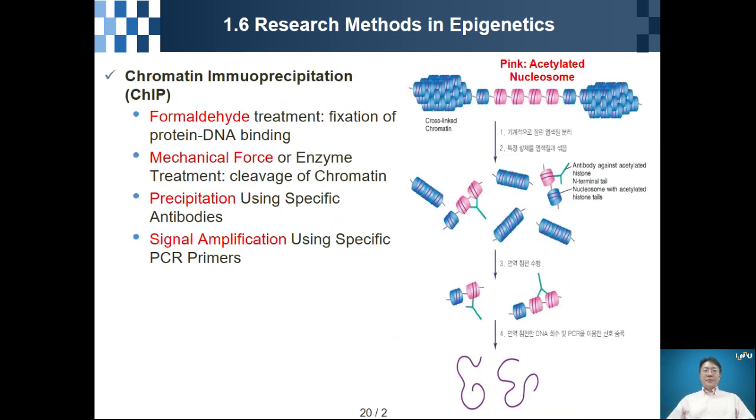Okay, the first one is ChIP, chromatin immunoprecipitation. For chromatin immunoprecipitation, the first step is to treat with formaldehyde. It means that the histone protein and DNA binding is fixed like this.